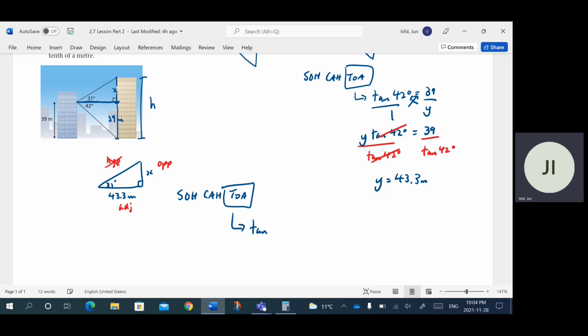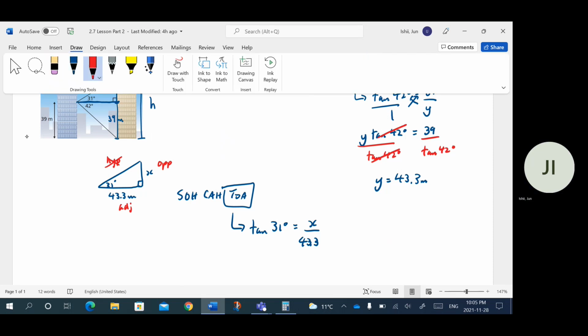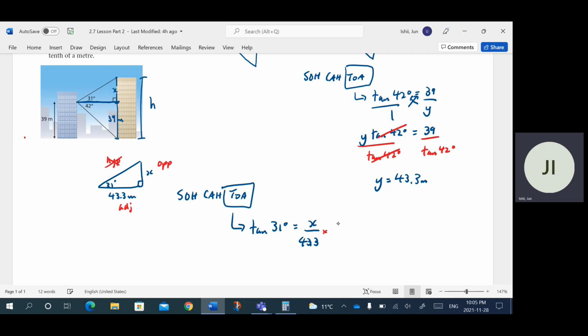The tangent of 31 degrees is equal to opposite, which is x, over adjacent, which is 43.3. To solve for x here, I'm going to multiply both sides by 43.3.